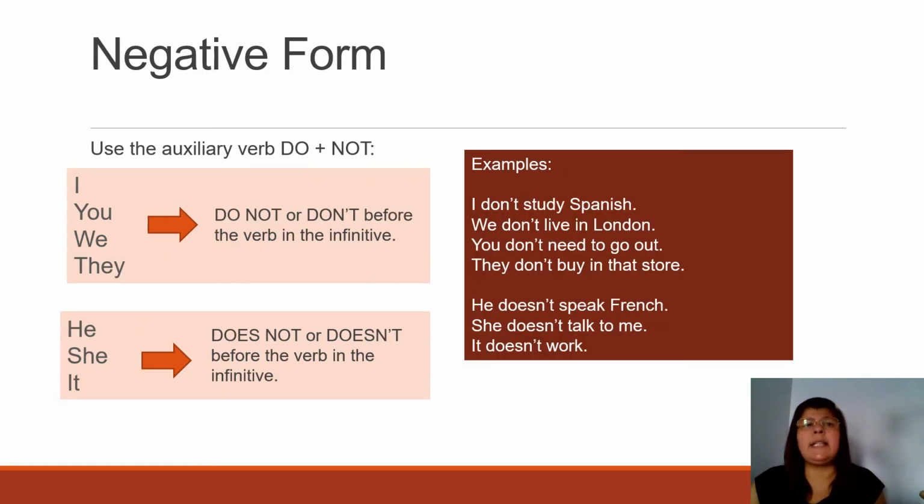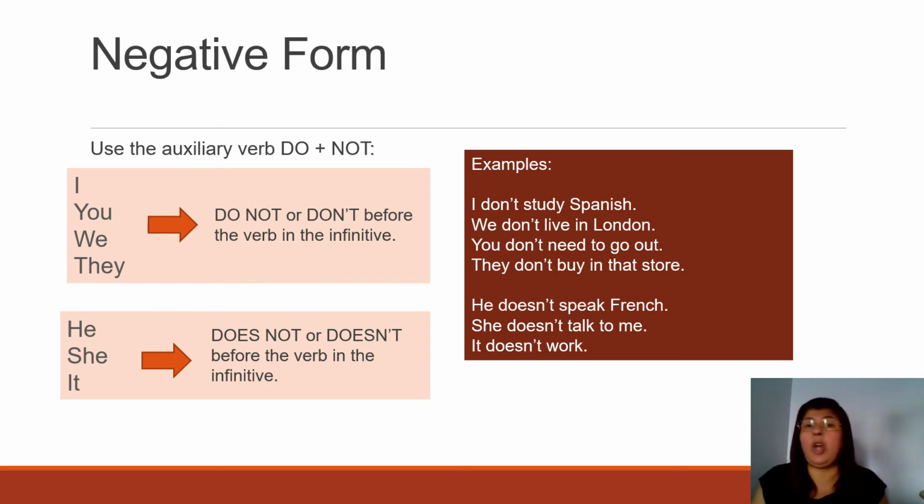Now let's see the negative form of the simple present. Okay, it's a little bit different from Portuguese because the negative form in English, you will need what we call auxiliary verbs. So to use the negative, you need an auxiliary verb. Okay, in this case, as we have only one verb, you need another verb to make an auxiliary.